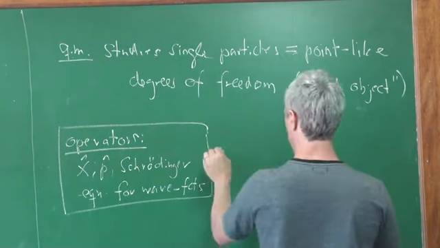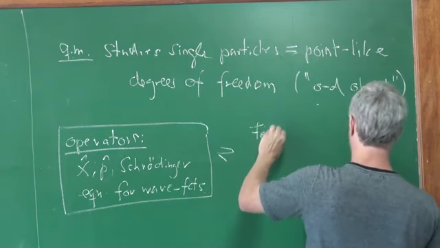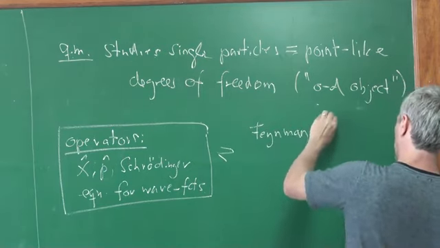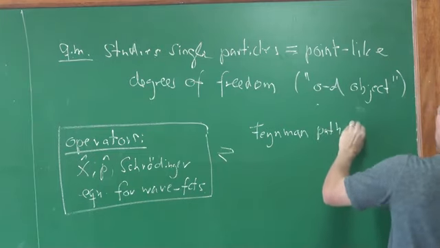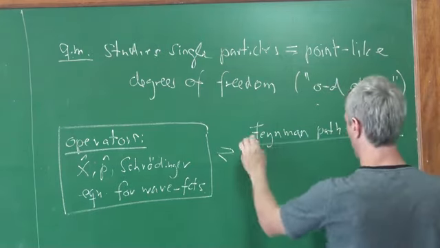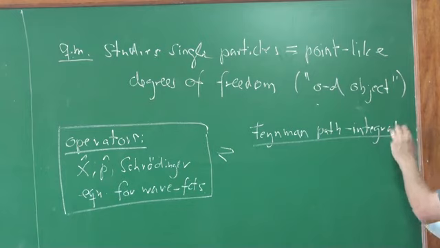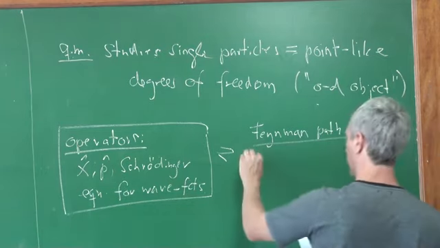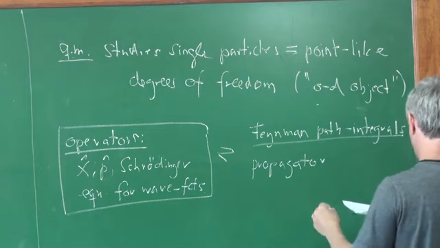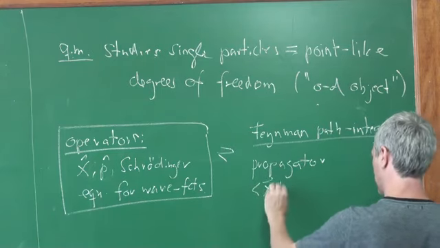Now the alternative way is Feynman's approach to quantum mechanics based on the path integral, where I will also come to this briefly. Actually, the main object of interest is the so-called propagator, which is a matrix element of the time evolution operator. I'll come back to this in a second, but let me write it down here.